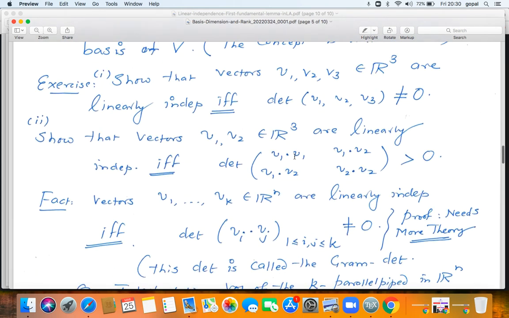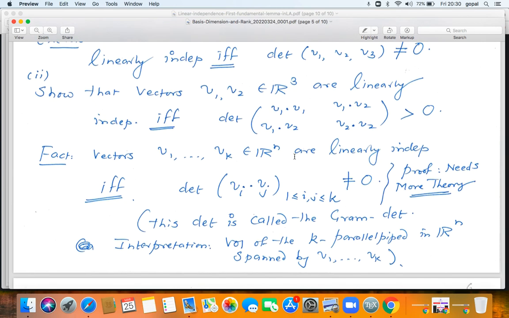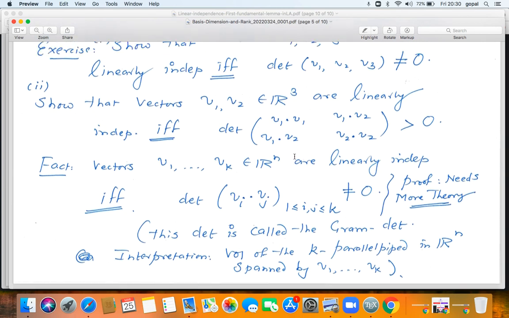Now we are going to use ideas of dimension, basis, linear independence, and we are going to proceed to the next important concept, the rank of a matrix. The rank of a matrix is a very important notion in linear algebra, and we are slowly building up this grand edifice of linear algebra.